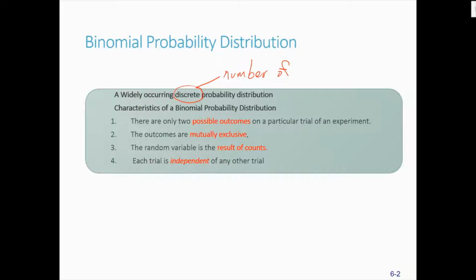Two choices. Now, the second characteristic is that the outcomes are mutually exclusive. As I mentioned to you, either you pass the class or you fail. There are only two choices. So they're mutually exclusive. Either you do one or you do the other. You cannot pass the class or fail it at the same time. Mutually exclusive is normally signaled by the word or.